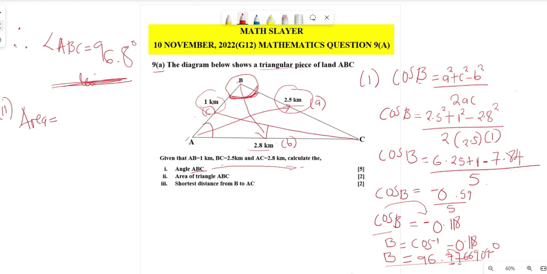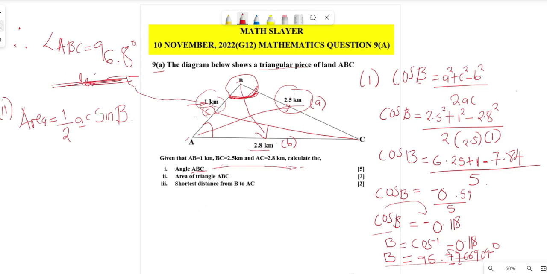So for the area of a non-right angle triangle, we use the formula A times AC times sine B, where A is 2.5, C is 1, and B is the angle we have calculated, 96.8.